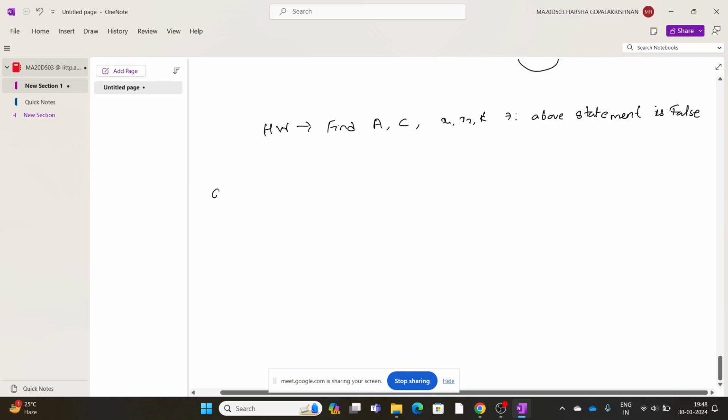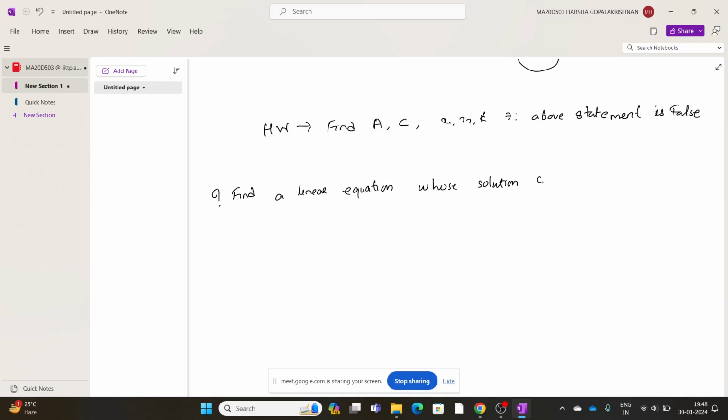Now the question is, find a linear equation whose solution consists of (1, 2) and (2, 3).